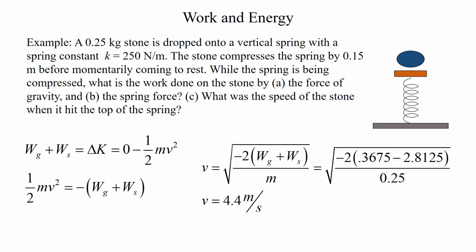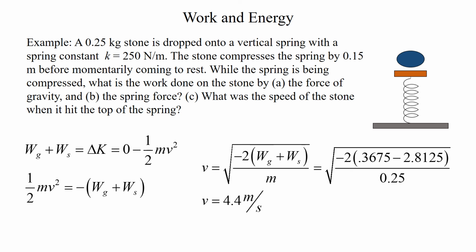And then we can solve for the velocity. So I have 1/2 mv squared equals the negative of the quantity work done by gravity plus the work done by the spring. And then solving for the velocity, I get v equals the square root of negative 2 times the quantity work done by gravity plus the work done by the spring, divided by the mass.